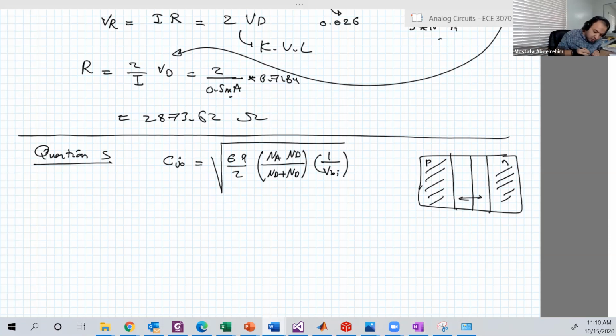So the phosphorus, which is ND, equals 9 times 10 to the power 15 per centimeter cubed, or centimeter to the minus 3. And the boron, which is NA, acceptors, 2 times 10 to the power 16.